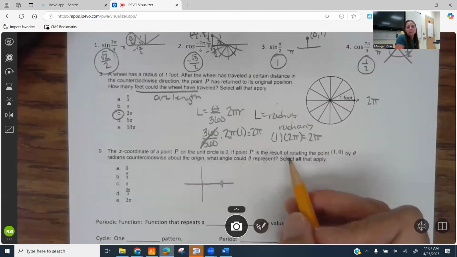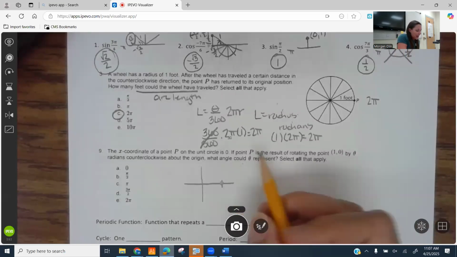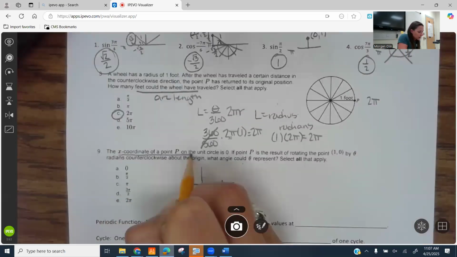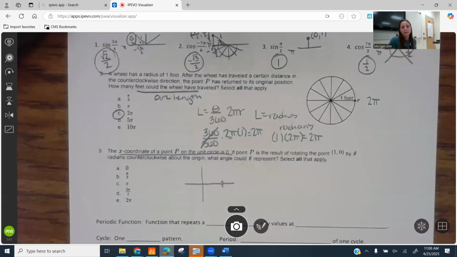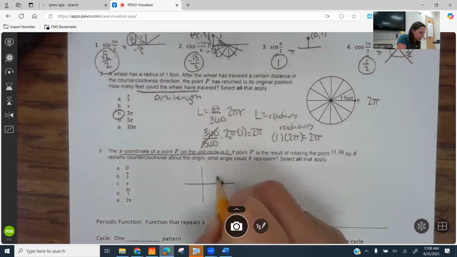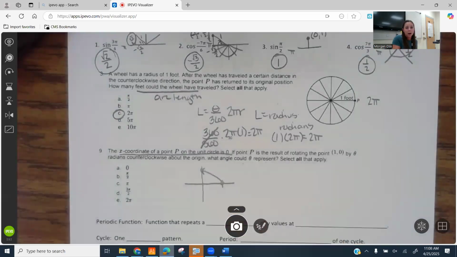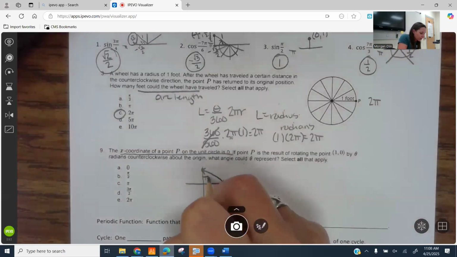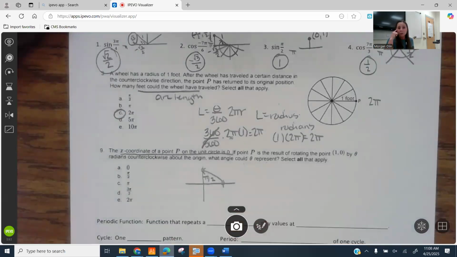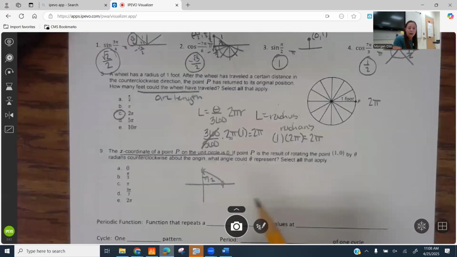Well, here it's telling me that the x-coordinate is 0. Well, where is the x-coordinate 0? X-coordinate is 0, say here. Okay, well, where have I traveled? I've traveled pi over 2. If you remember the unit circle, that's just half a pi.